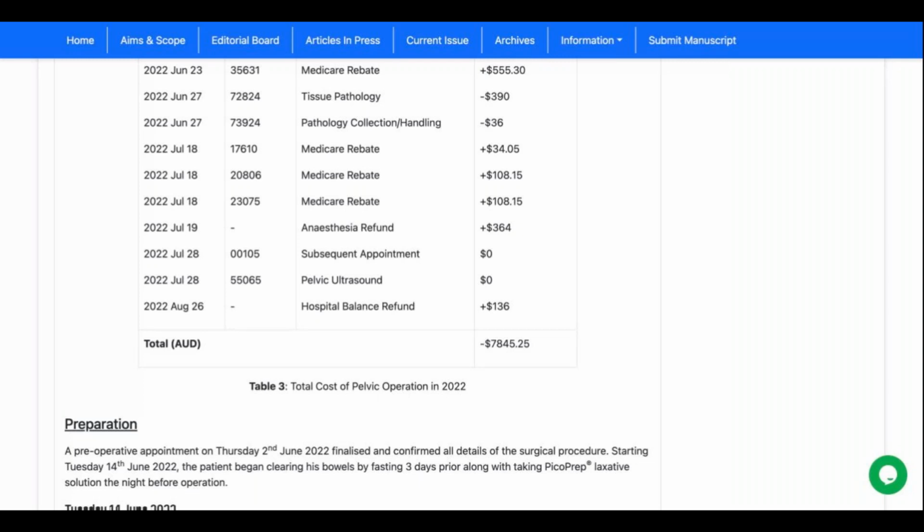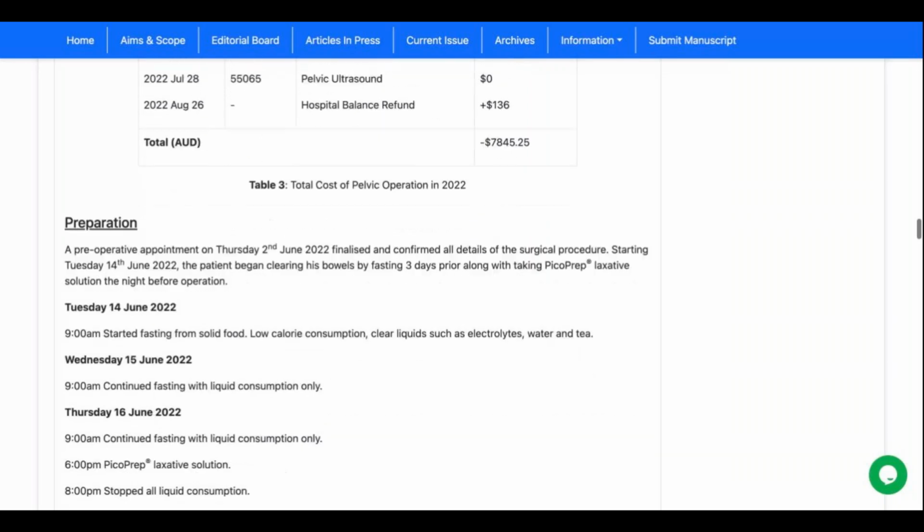So it depends on your income status. But ideally, I think these surgeries should be for those financially disadvantaged groups of people. These surgeries should be covered by the government, and they shouldn't even have that wait list. But maybe that's later down the track. So it was about 8 grand Australian.